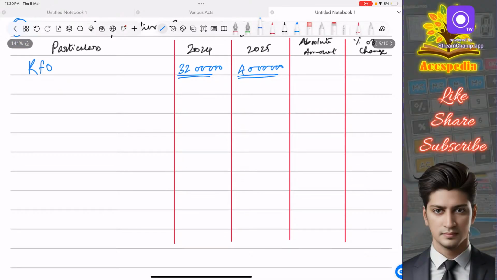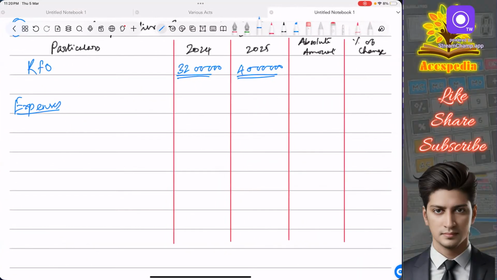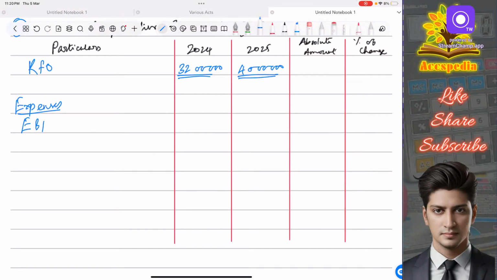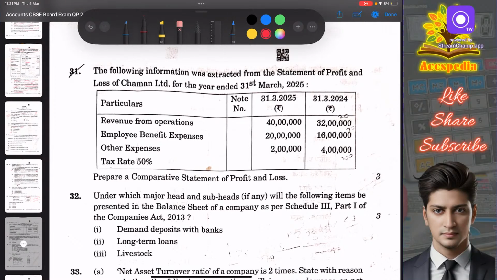Then after that we need expenses. In expenses, first we have employee benefit expenses: 16 lakh, 20 lakh. Other expenses: 4 lakh, 2 lakh.